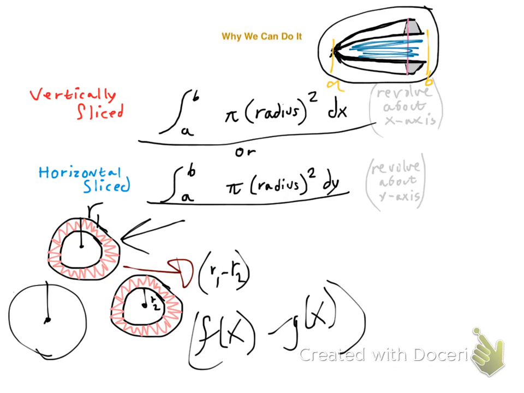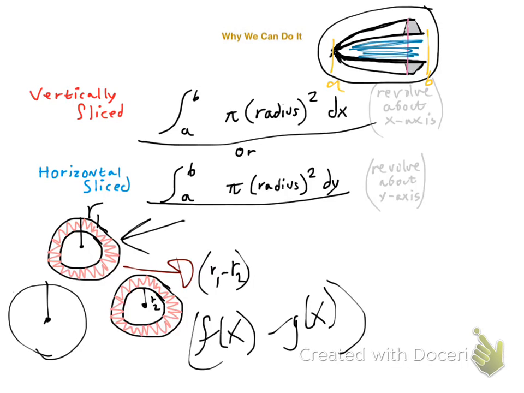And so when we're finding the radius for our volumes, now that we're using the washer technique, for some of these at least, we're going to have a difference of two functions because our radius is a little more complex because it's this donut shape, this washer shape. So there you go. The radius now involves two functions, and that's really the only way this washer technique differs from the disk technique that I taught earlier.